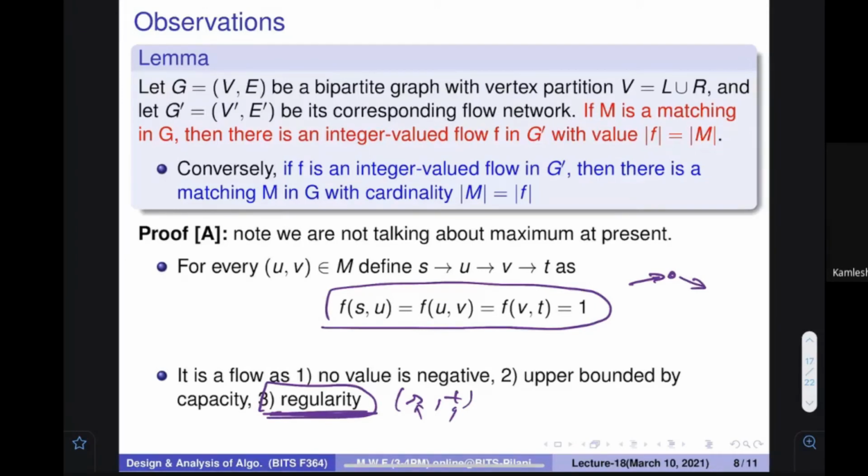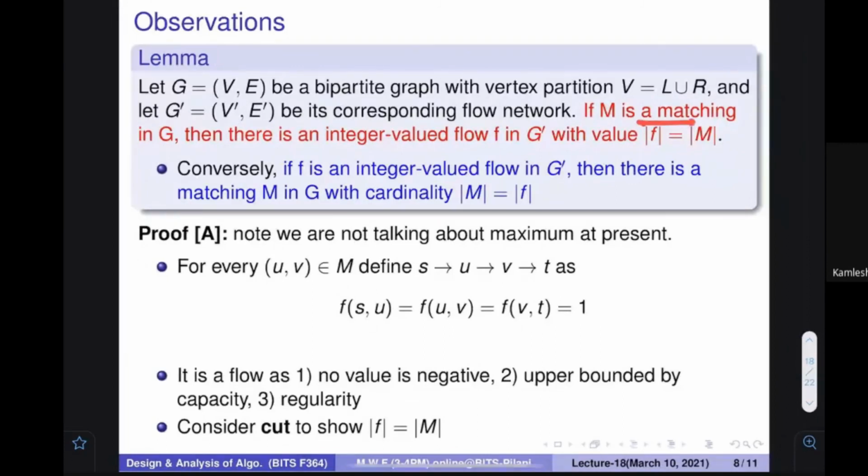Why? Because the flow is 1. Whatever U receives from S, it sends to V. Similarly, whatever V receives from U, it sends to T. So the flow regularity condition is also satisfied.